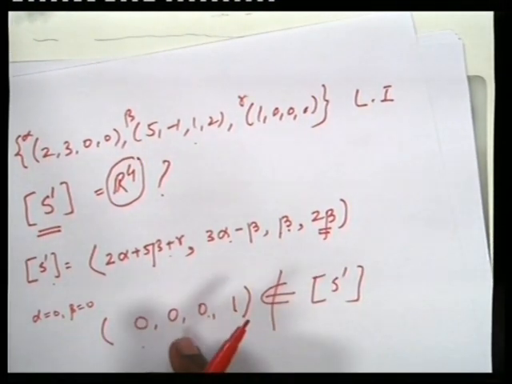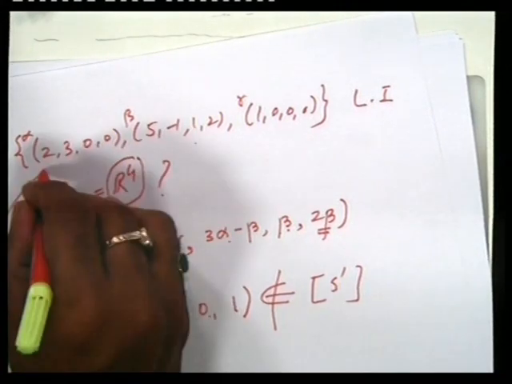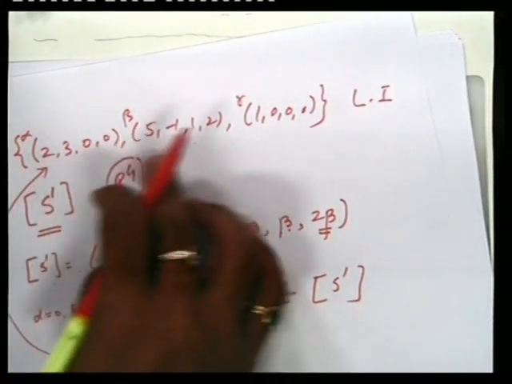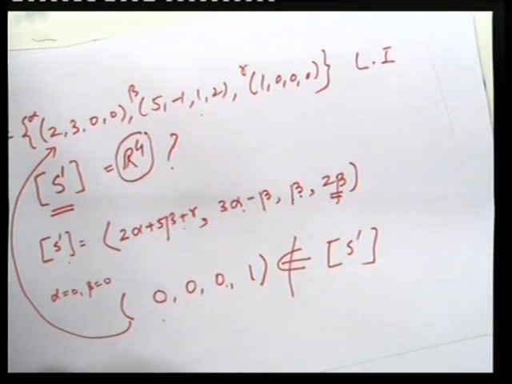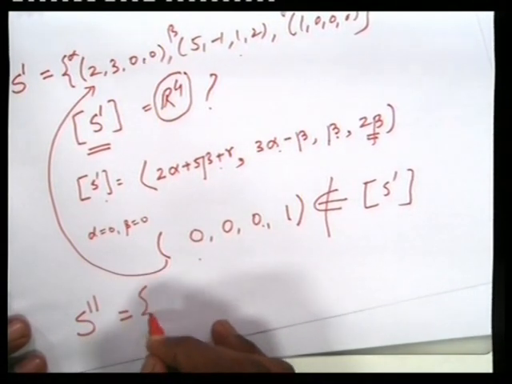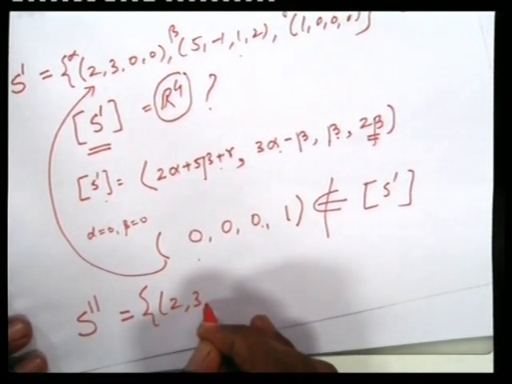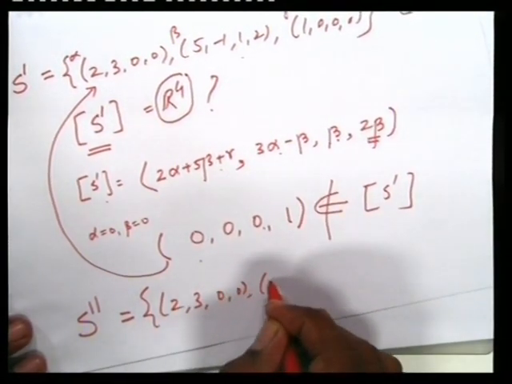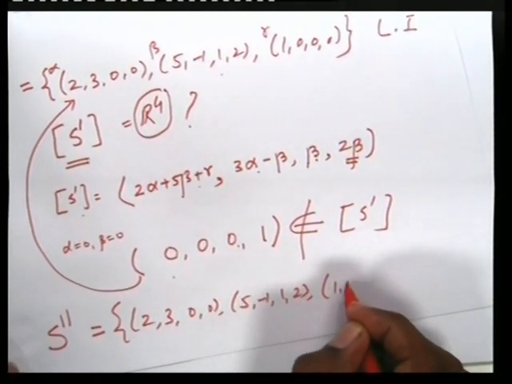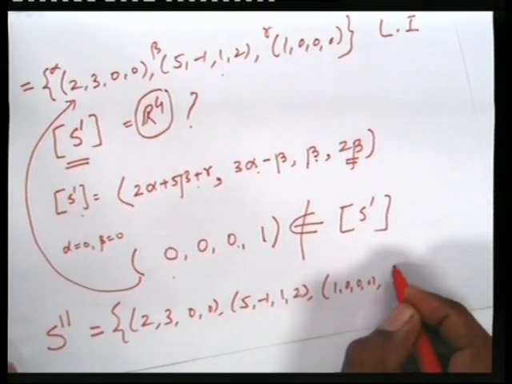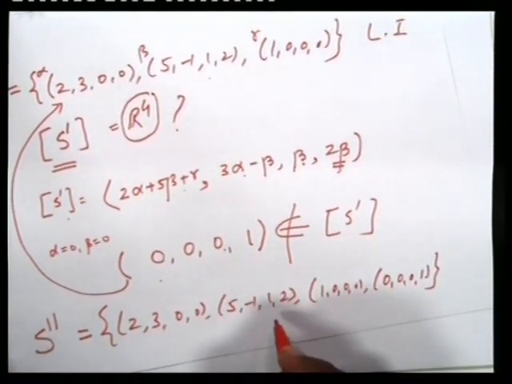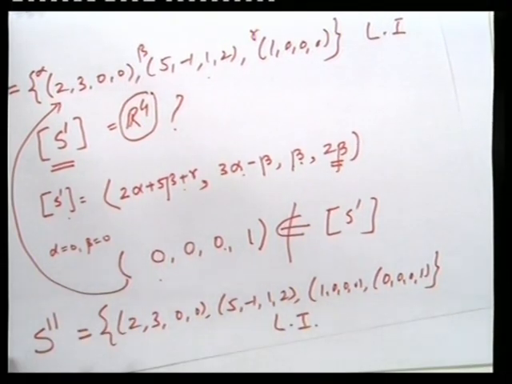So if we add this vector into the set S dash, then again all 4 vectors will be linearly independent. If we define S double dash as (2, 3, 0, 0), (5, minus 1, 1, 2), (1, 0, 0, 0) and (0, 0, 0, 1), then this is again a linearly independent set.